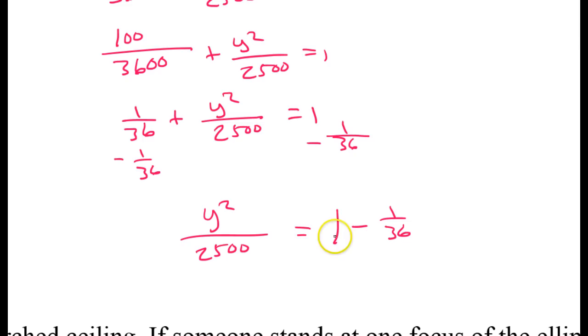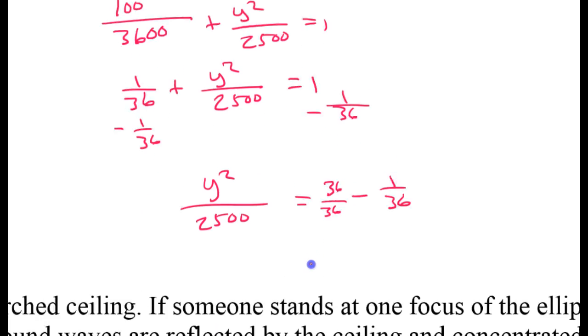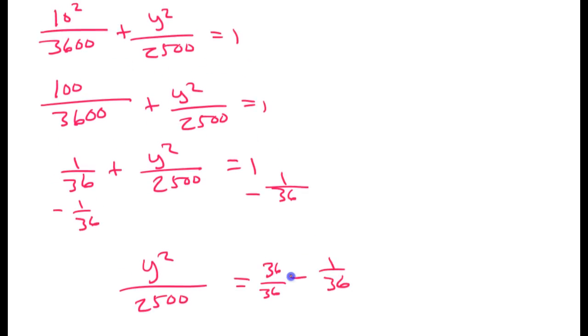1 is an interesting number because you can rewrite it as anything you want. 2 over 2, 3 over 3, 5 over 5. I'm going to replace 1 with 36 over 36 because that way I will have like denominators. So I think I'm going to need a little bit more space now.